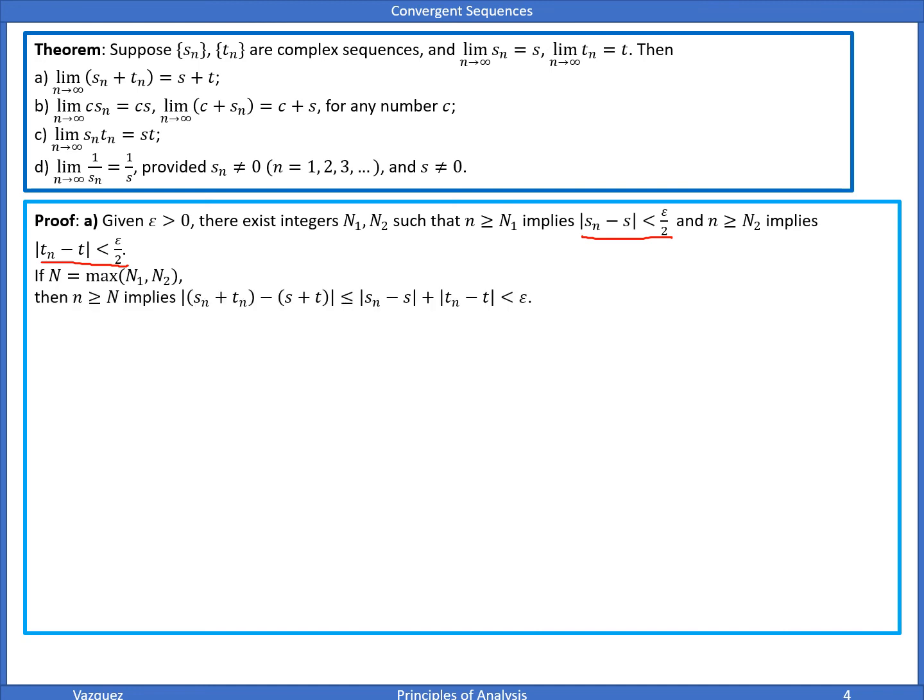Therefore, the distance between the sequence and what we're claiming to be its limit is less than the distance between S sub n and S plus the distance between T sub n and T, which we know are both less than epsilon over 2, which is equal to epsilon. Therefore, that's less than epsilon. So this sequence does converge to S plus T.